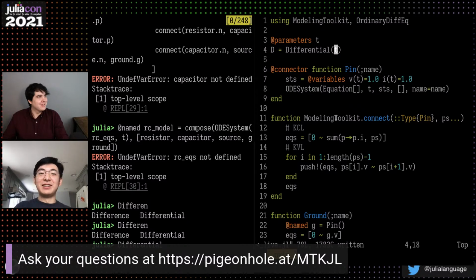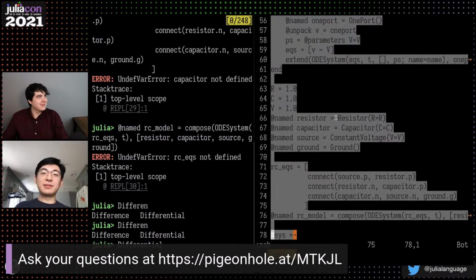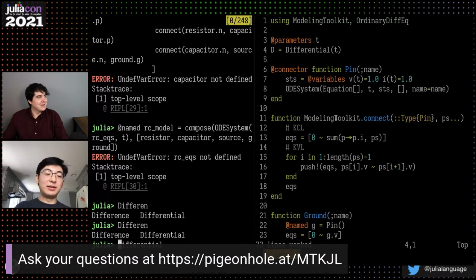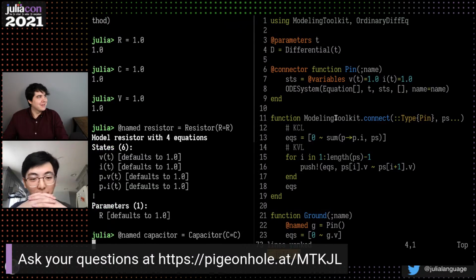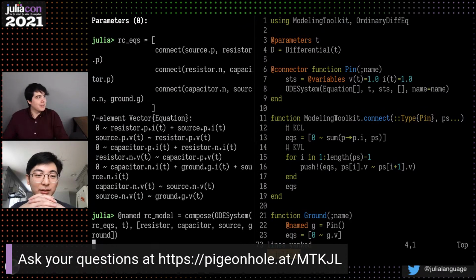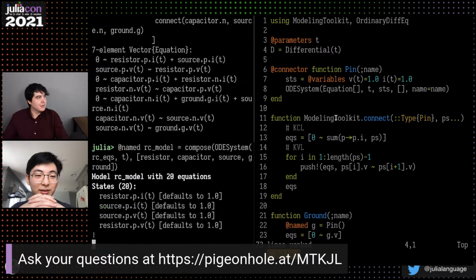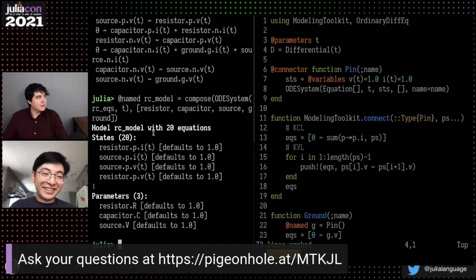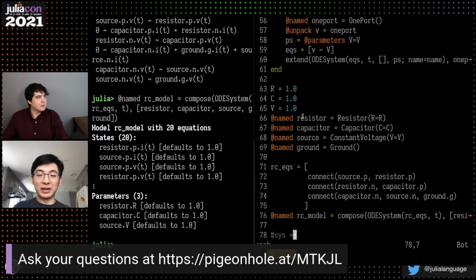It's easier, right? Yes, it worked. So there are 20 equations and 20 states, so everything is balanced. We can actually simulate it.